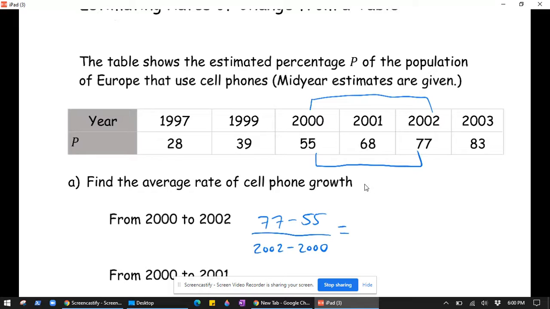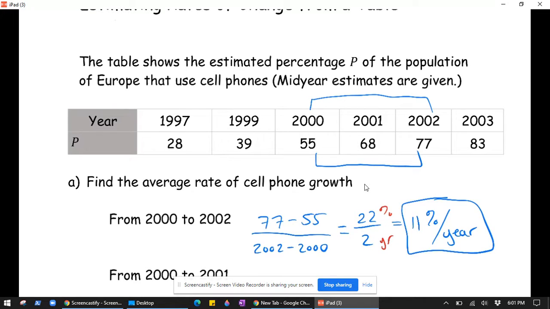Okay, so that's a difference of 22 divided by 2. So it's 11. And again, that's percent per year, right? Again, the units, just to remind you, the units here are percentage, the units here are years, so there we get that rate. Okay, that's an average rate of cell growth of 11% per year between 2000 and 2002.